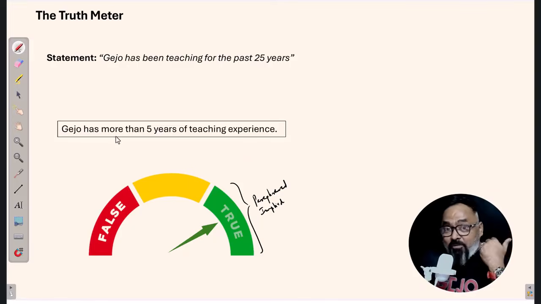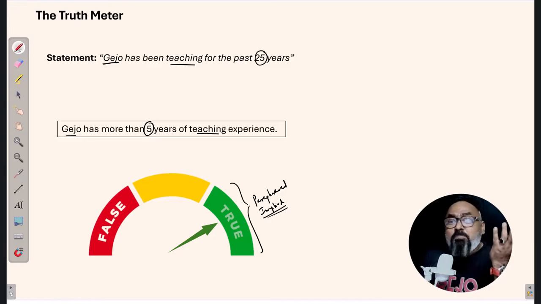This statement is different from the original statement. Obviously Gejo is there, teaching is there, but here 25, we don't find. We see the number 5 here. That is not mentioned in the original statement, but it's still the truth. This is an implied truth. Or we could just paraphrase this.